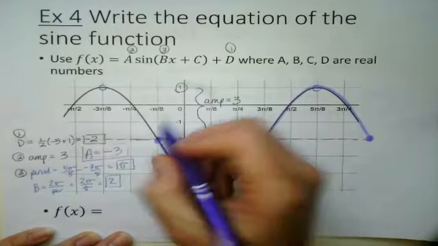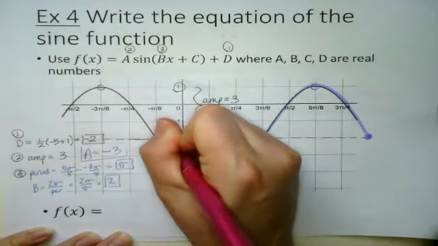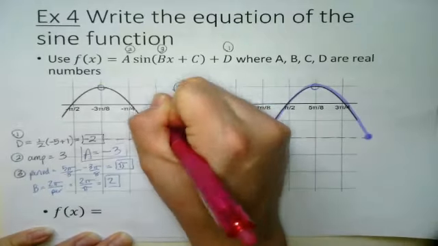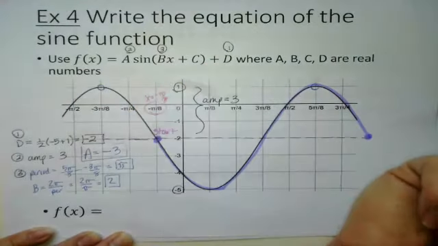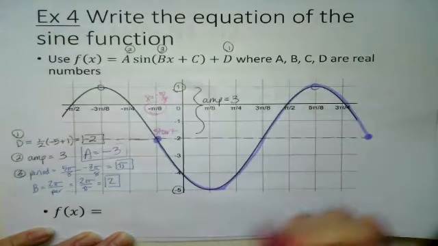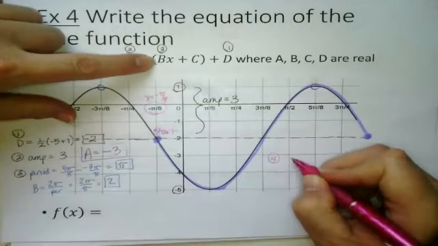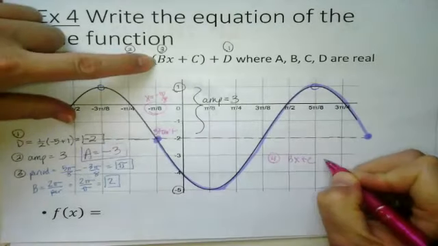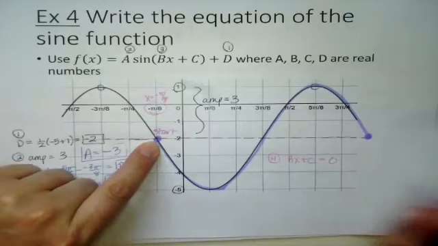Now, this curve is starting at an x value of -pi over 8. And that's what we need to use to help us figure out C. So the very last step is to take bx plus c and set it equal to 0, which would be our starting point, and plug in what we know.